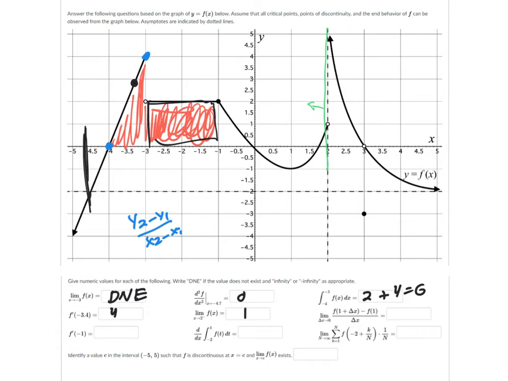And whenever we're taking the derivative, we're imagining that the change in x is 0. So this is really just a derivative at 1, right? And so the derivative at 1 is 0 right here, because you can see that it is flat right there, okay? So the answer to this one is 0.